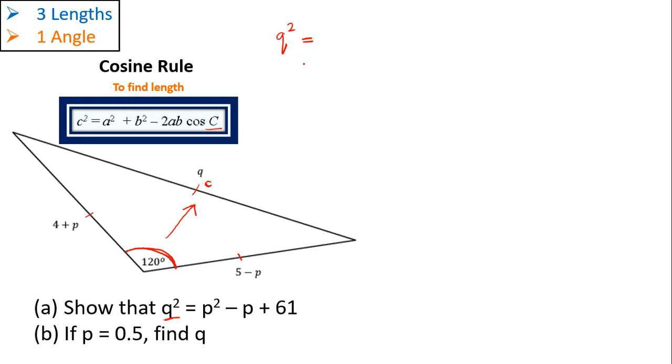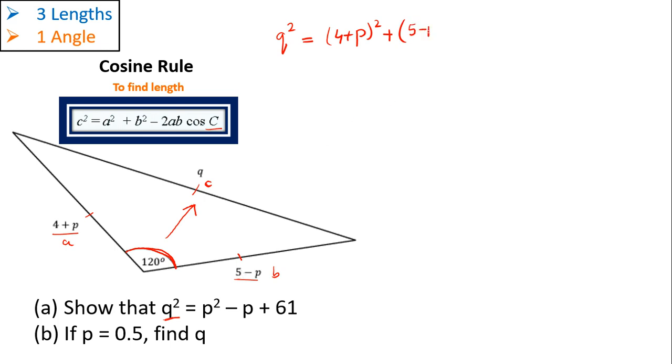Now, q squared equals a squared plus b squared. For that, I could take any of them as my a and any as my b. So I'm just going to be taking 4 plus p as my a, and let's say 5 minus p as my b. So putting all of that information inside this length formula, I'm going to be writing q squared equals (4 plus p) whole squared plus (5 minus p) squared. And you can't just put the square on p; the entire length has to be squared.